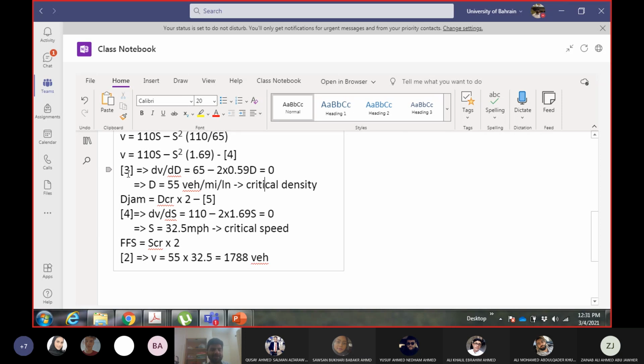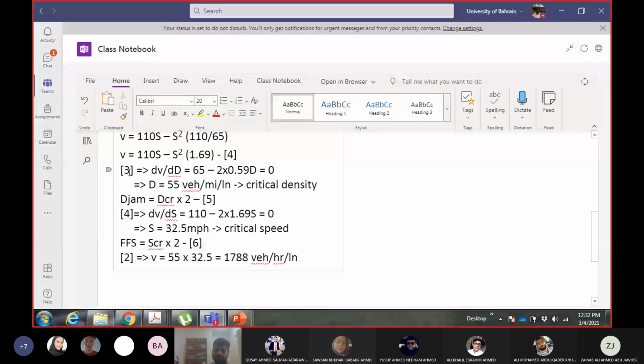See here, vehicles per mile is density. I'm talking about flow now. Vehicles per what? Per hour. Yes. Vehicles per hour per lane.